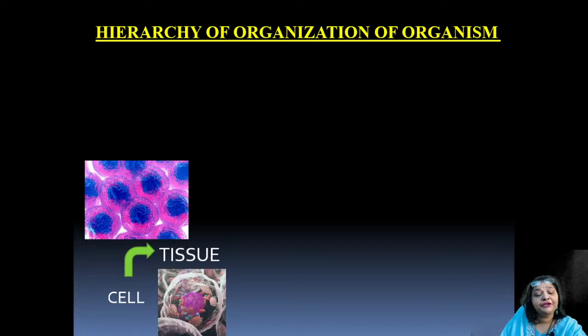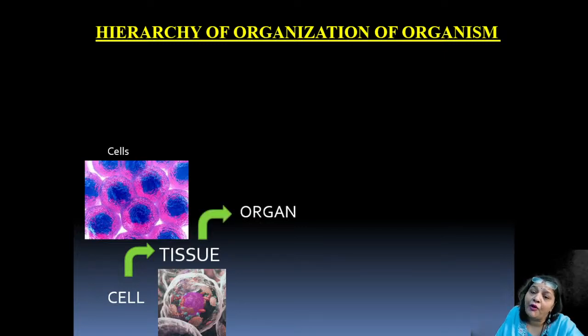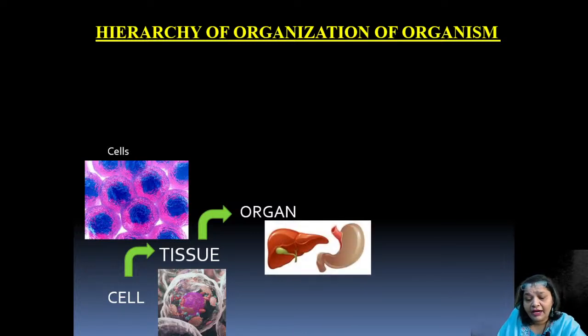So this tissue would have slowly differentiated into different types of other tissues and would have later on formed organs, different organs, like here stomach, liver. Of course, you have different other organs like brain, kidneys, you have heart, isn't it? So different large organs would have been formed.